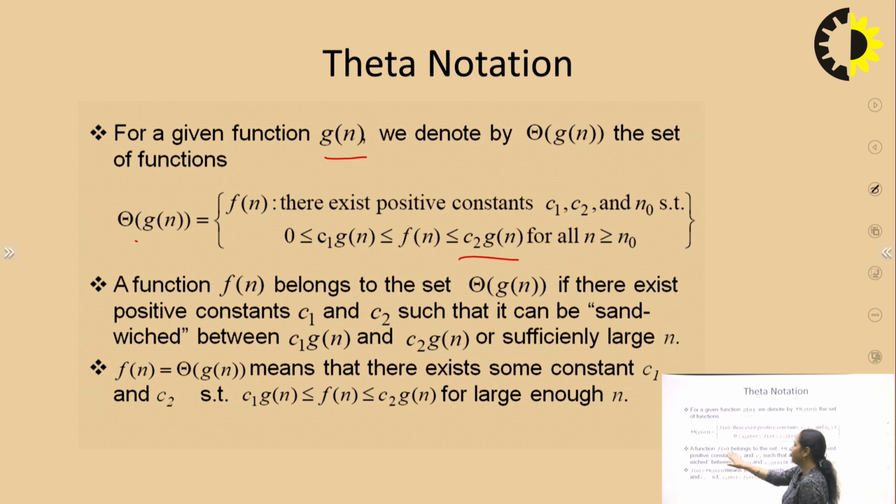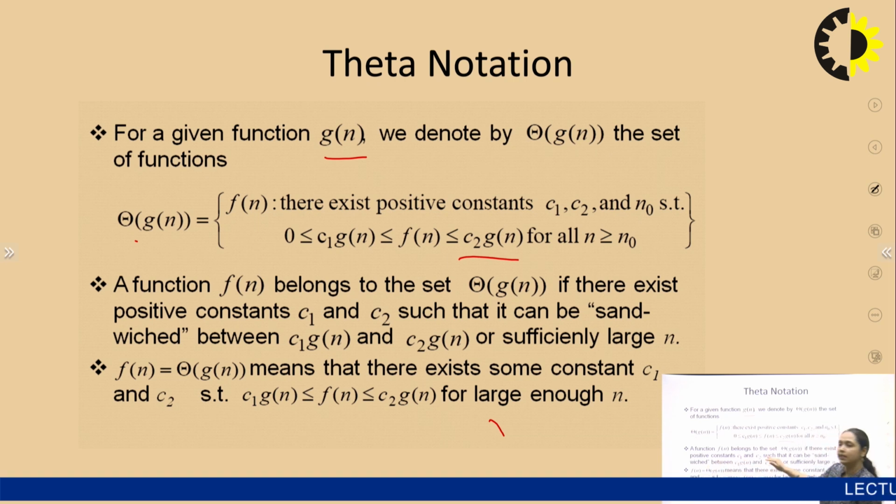Now, a function f of n belongs to the set theta of g of n if there exist positive constants c1 and c2 such that it can be sandwiched between c1 dot g of n and c2 dot g of n for sufficiently large n.